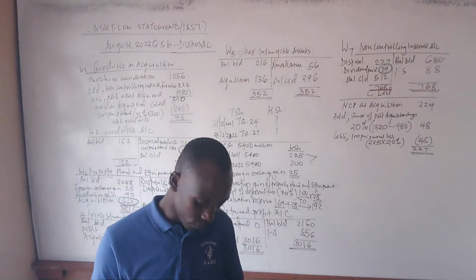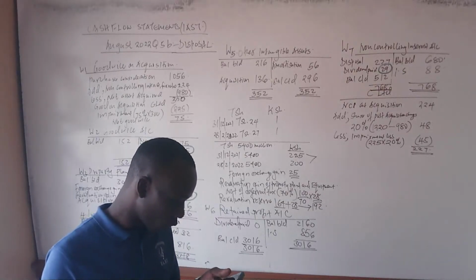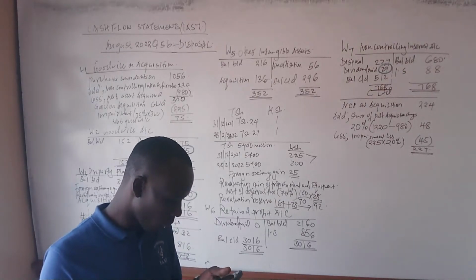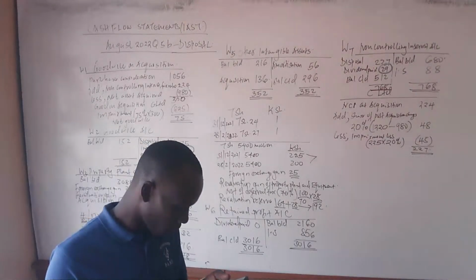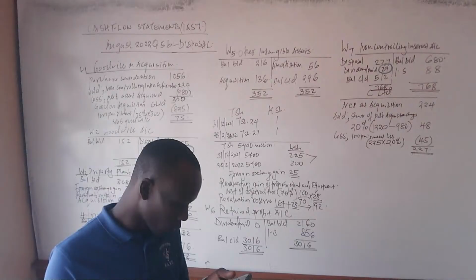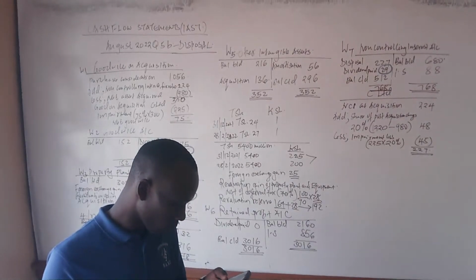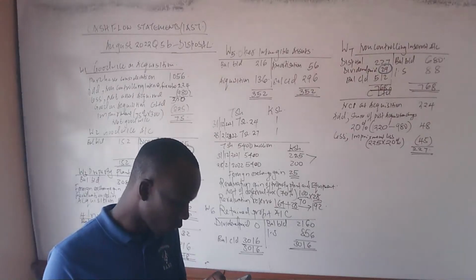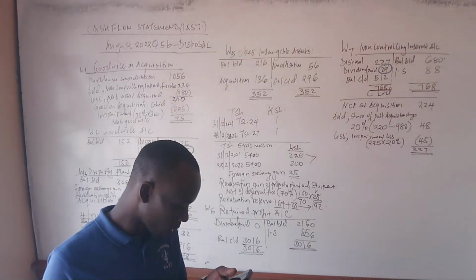The next one is a note number, we have jumped which note? We have jumped this note for the disposal. For the disposal, which note? Note number 4, isn't it?